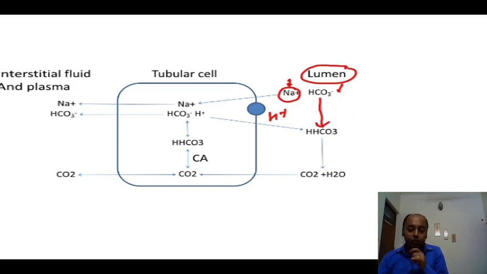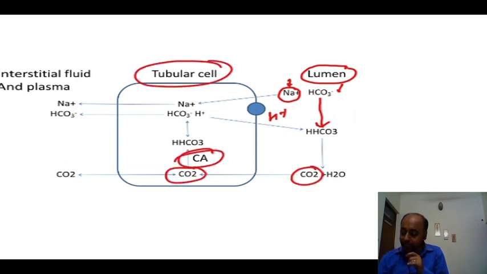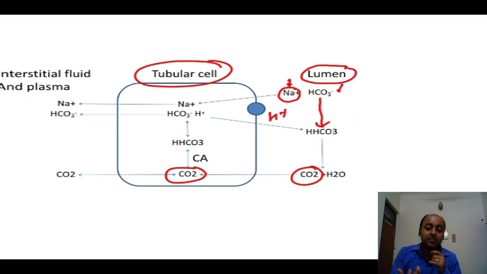Now the equilibrium will always be in favor of the tubular cell for CO2 gradient, because inside the cell we have the carbonic anhydrase. And remember, the carbonic anhydrase will enhance the rate of reaction by 100 million times. It is one of the most efficient catalysts. So whatever CO2 is produced is quickly pulled inside the tubular cell, where under the influence of carbonic anhydrase, it is converted back to carbonic acid. The bicarbonate ion is produced.